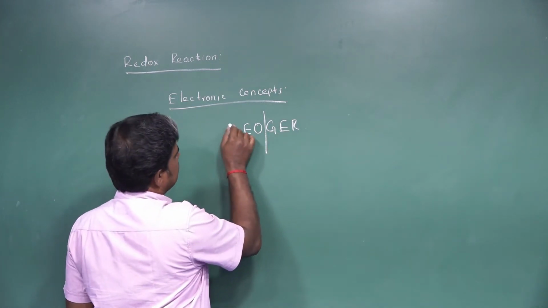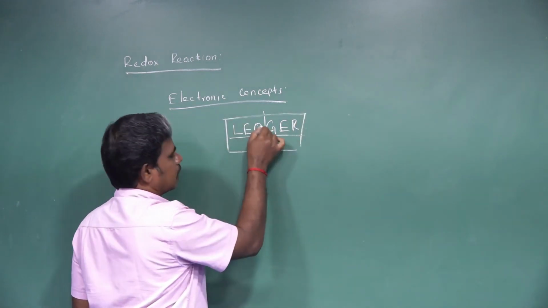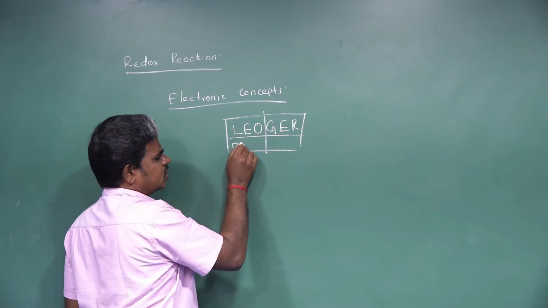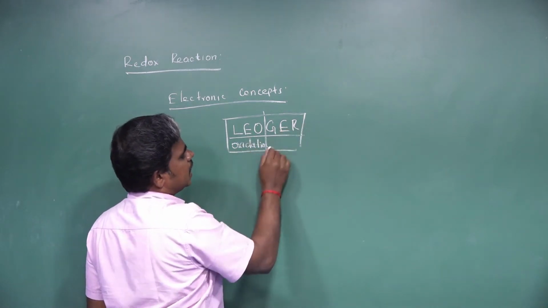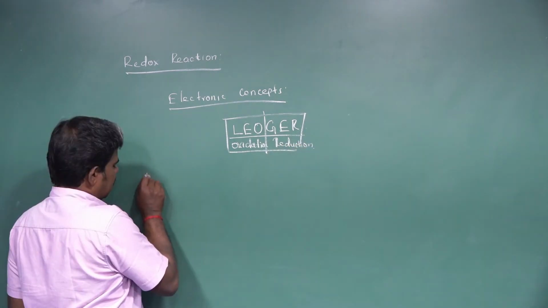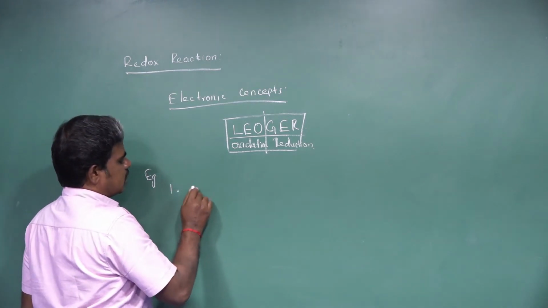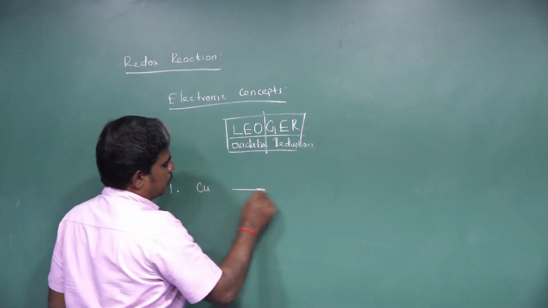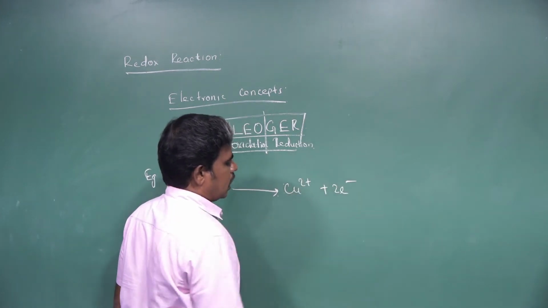So here, loss of electron is nothing but oxidation, and gain of electron is nothing but reduction. The chemical examples: the first one, Cu becomes Cu2+ by removal of 2 electrons.